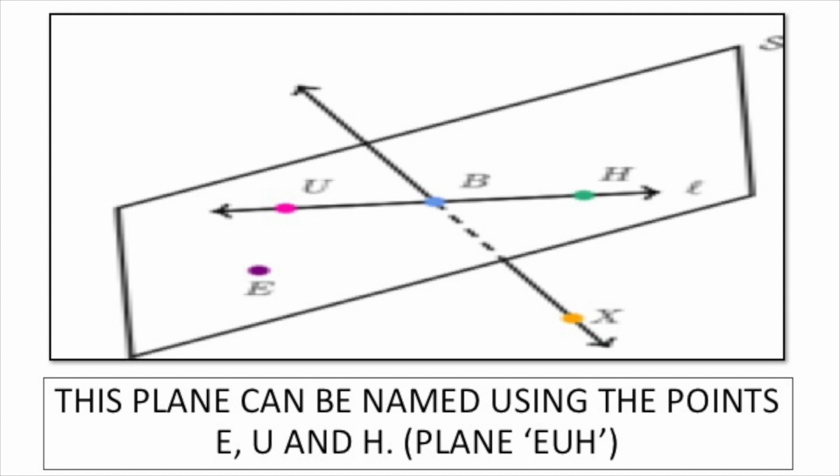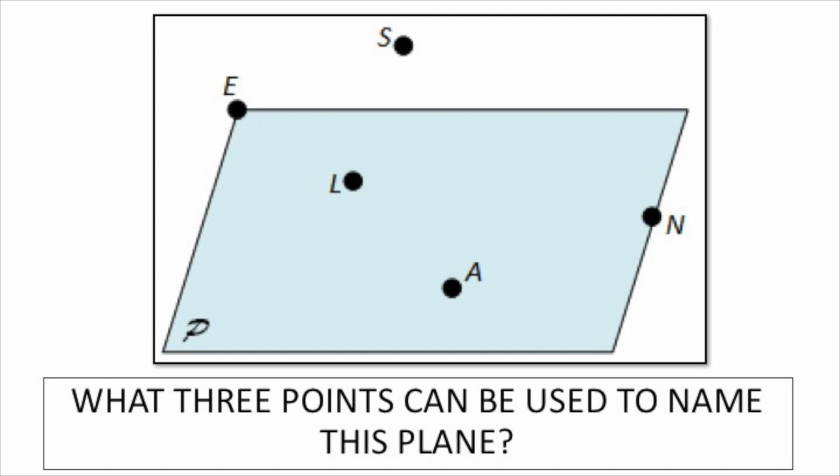E, U, H is fine. Or U, E, H. As long as they're not on a straight line, we can use them to name the plane. Let's do one more together.